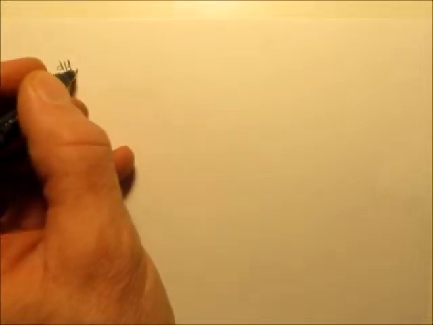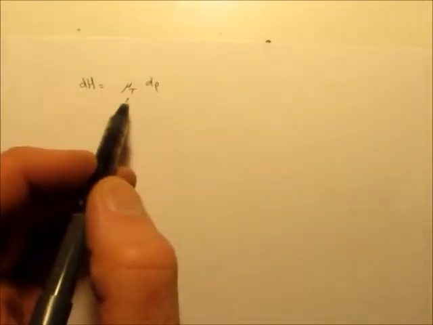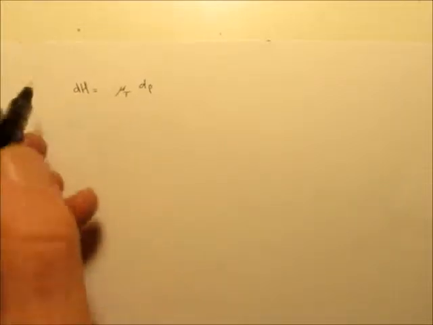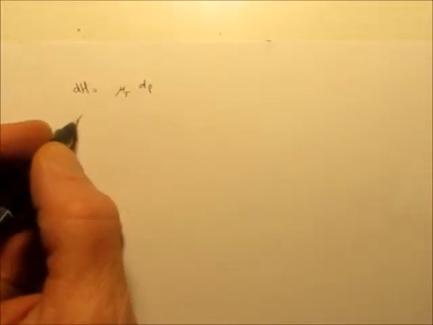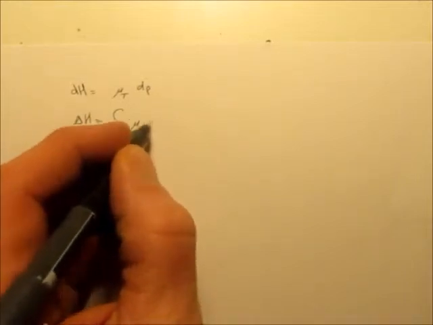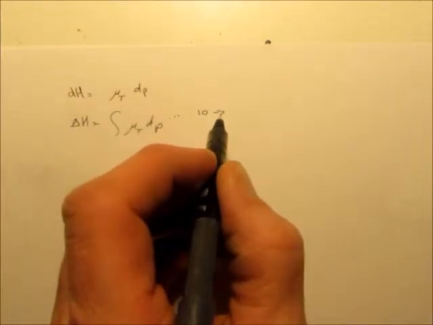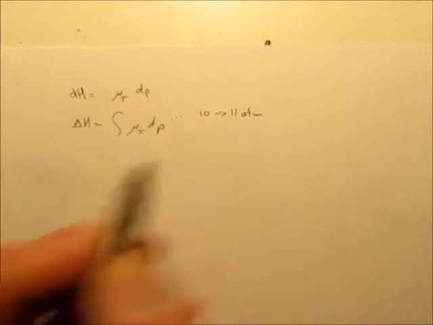So if all you had was a pressure change, right? Because temperature was being held constant. So you could see how when you integrate this side, you'd get delta H, and then you would get mu T dP. And we know that in our question, we go from 10 up to 11 atmospheres. So it's very small.